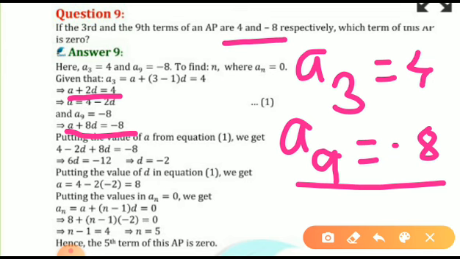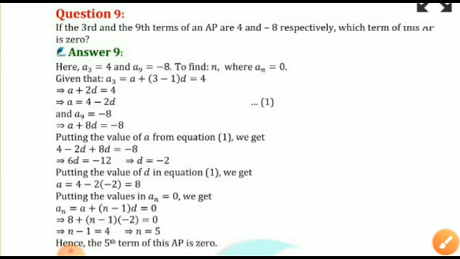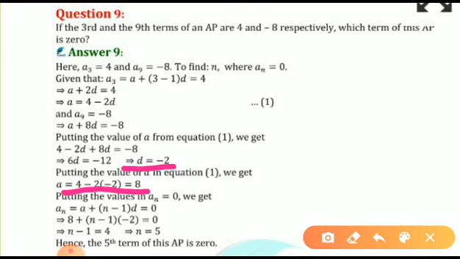Yes, it is clear to you. Now just substitute the value of that A in this equation. Okay, so from this you will get the values of A and D. Is that clear? Solving those two equations, I'll be getting the values of A and D. So we have got D is equal to minus 2 and A is equal to 8.